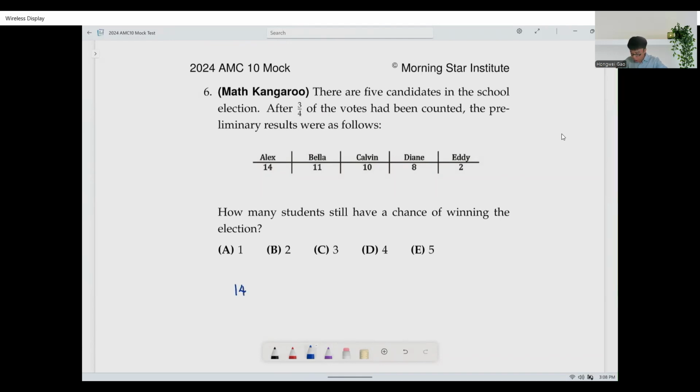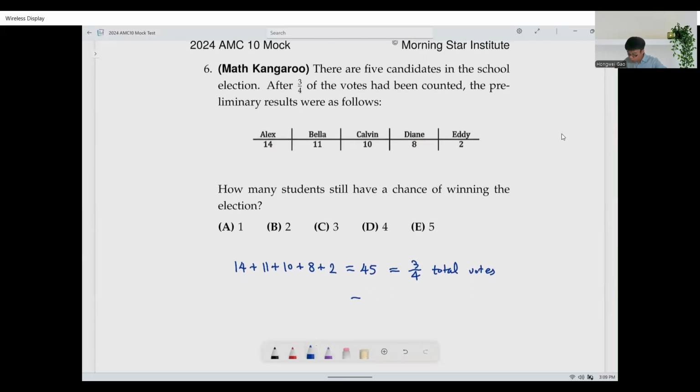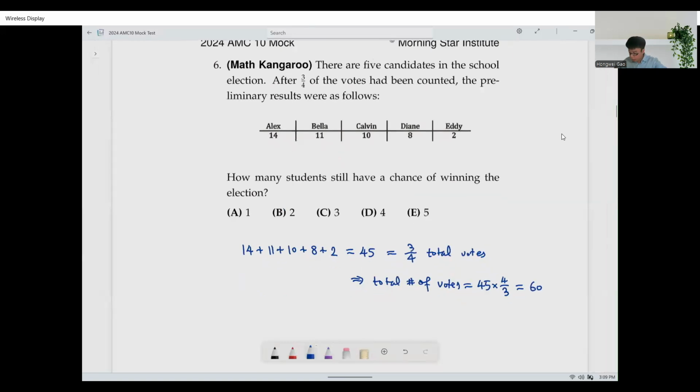That is 14 plus 11 plus 10 plus 8 plus 2, which is 45. 45 corresponds to 3/4 of the total. Now we can solve for the total votes. The total number of votes is going to be 45 times 4/3, which is 60. There are 60 votes in total. Now that means there are 15 more votes to be counted.